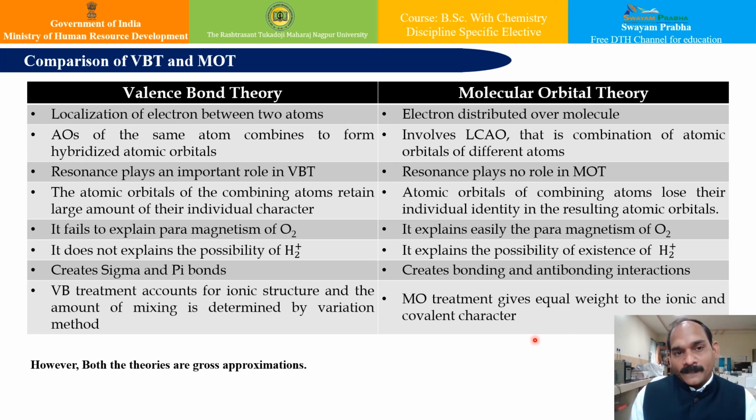So all in all, in both cases, valence bond theory and molecular orbital theory, we have seen that if we apply configurational interaction, their approaches become almost similar, and if we go on increasing the covalent and ionic terms more and more, their character becomes more and more similar, and thereby we can approach closer to the actual results which we observe experimentally.